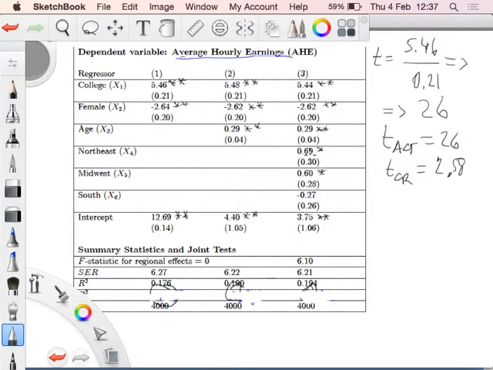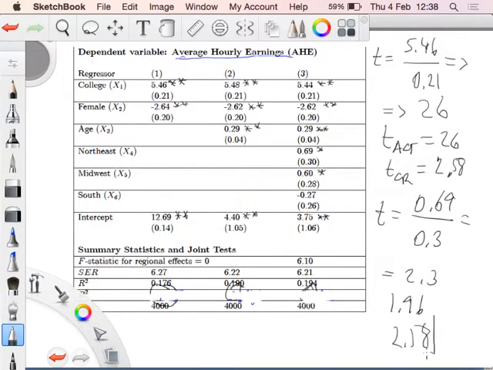The coefficient for northwest has 1 star, because it is only significant at the 5% level. If you divide 0.69 by its standard error in brackets, you get, what do you get, guys? 2.3, which is greater than 1.96 for the 5% level of significance, but less than 2.58 for the 1% level.